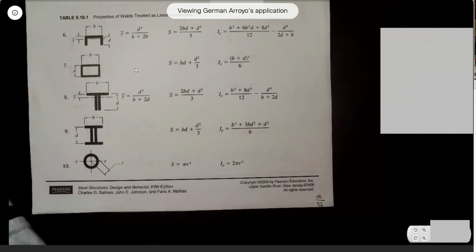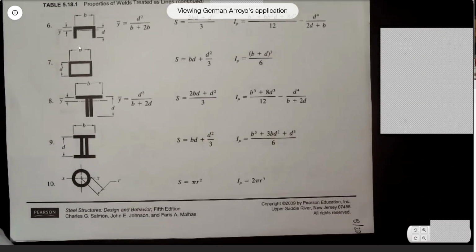And here it's also obvious symmetry, so they don't give you the location for this case. They don't give you x bar or y bar because by symmetry, we don't know exactly where the centroid is. But this allows you to compute the I_p for a typical case, but if the case is not in this table, you have to compute it.